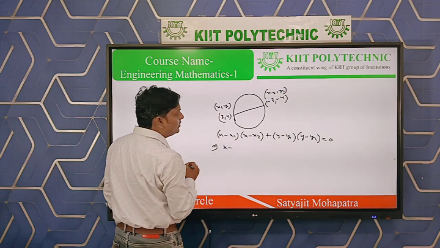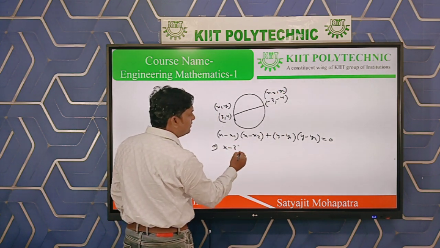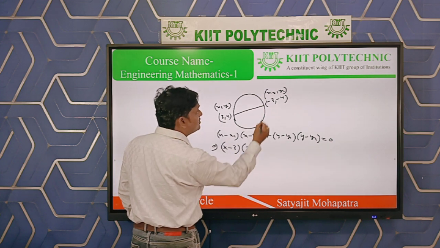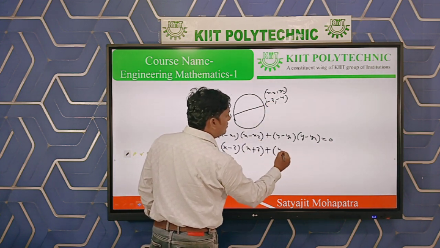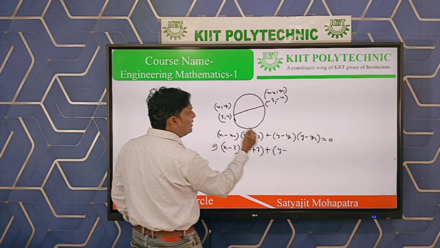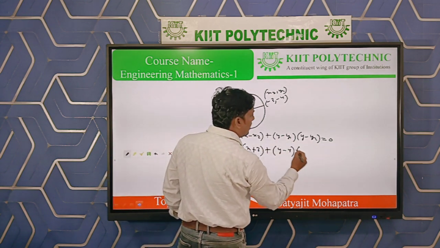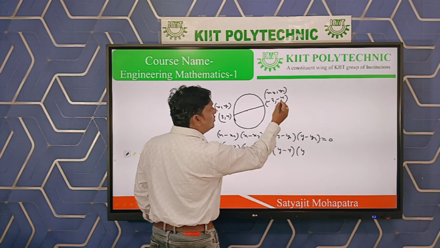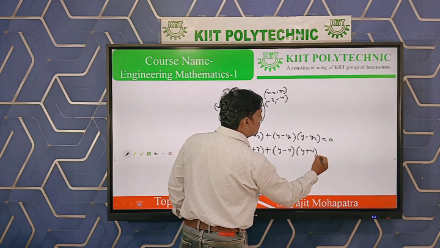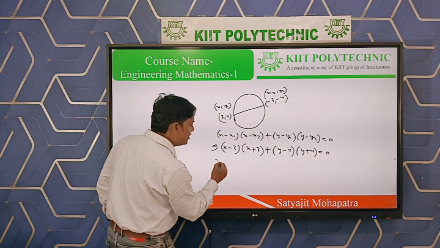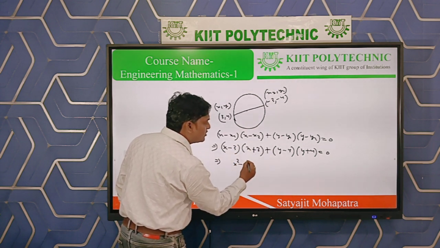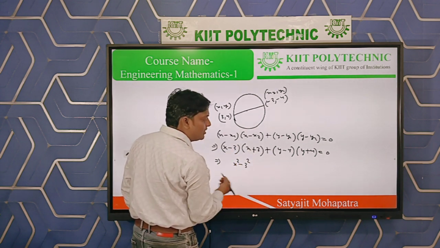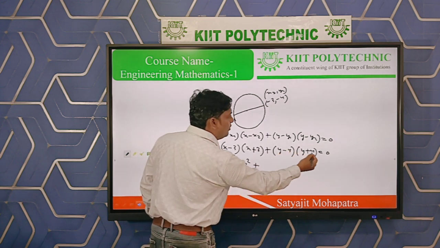Put them over there, nothing else: (x minus 3) into (x minus x2, where x2 is plus 3), plus (y minus y1, where y1 is 4, accordingly y2 will be minus 4) is equal to 0. All of you see, (x minus 3) into (x plus 3) gives x square minus 3 square, the very same a square minus b square formula, (a minus b) into (a plus b).